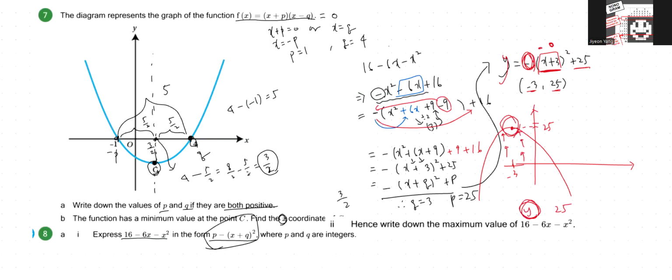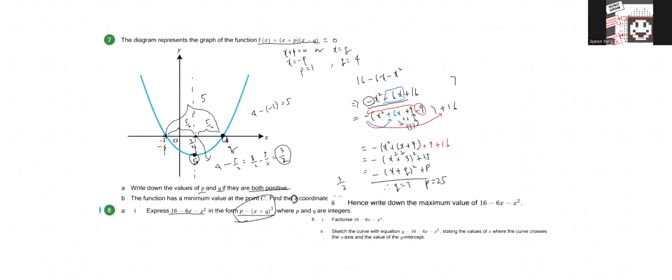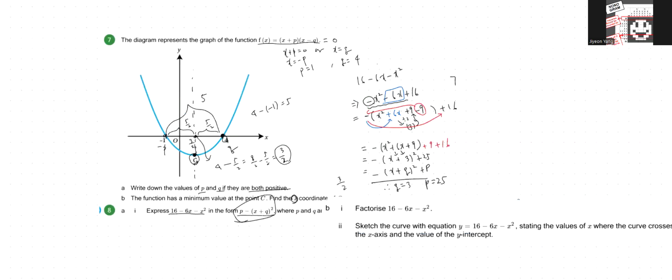Then I am going to erase this. Then the next question is, factorize this one.